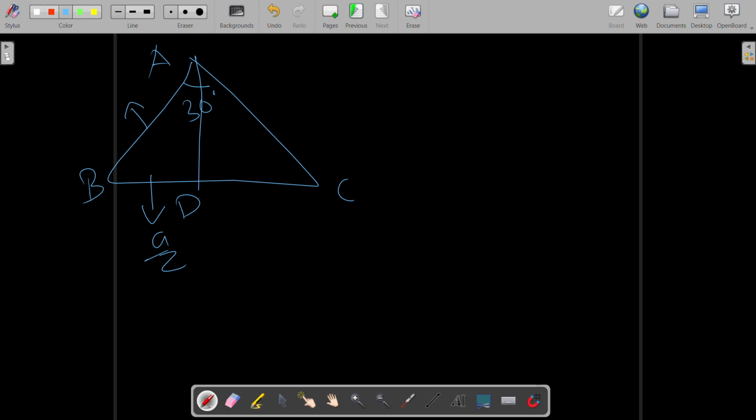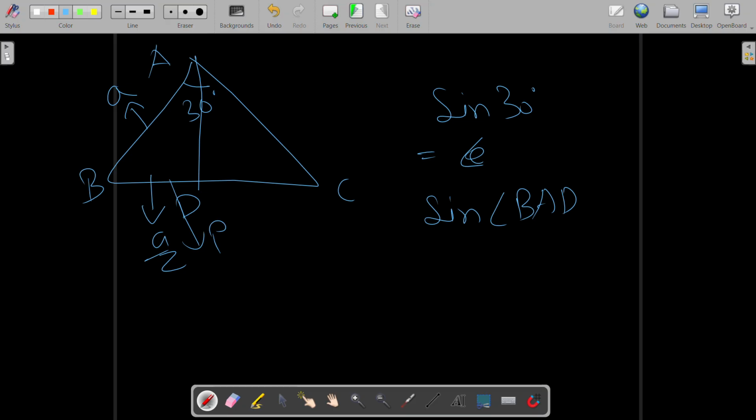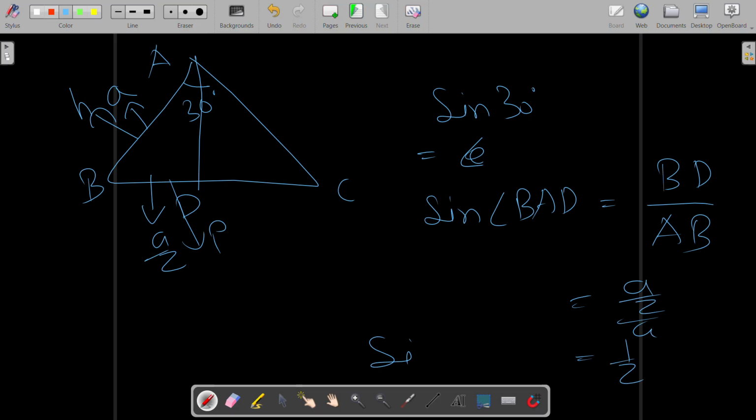And the value of this side is again A. So for sine 30 degrees, or sine of angle BAD, BD is the perpendicular and AB is obviously the hypotenuse. So BD by AB equals A by 2 by A, which equals half. So the value of sine 30 degrees is half.